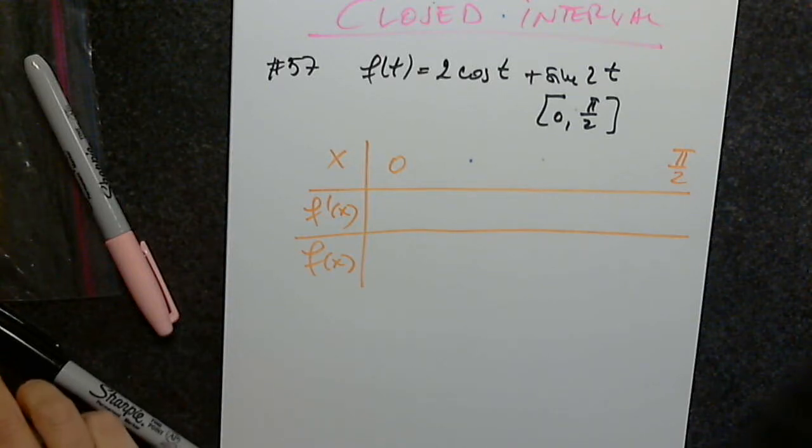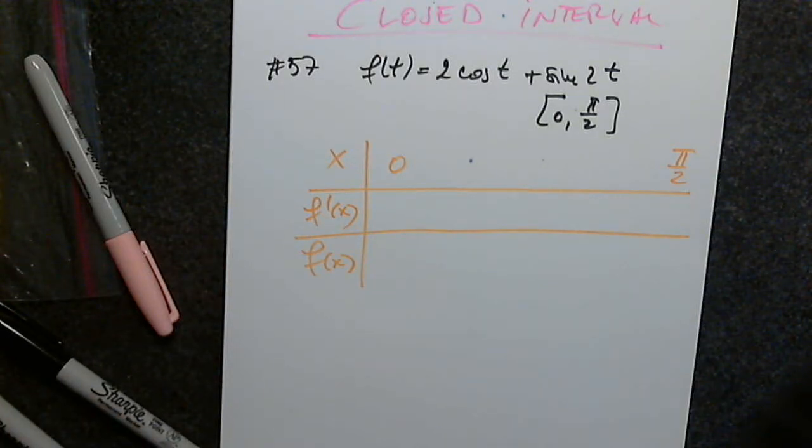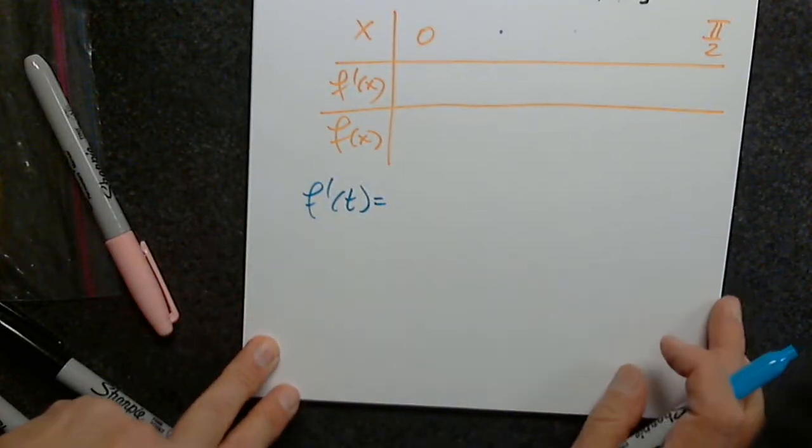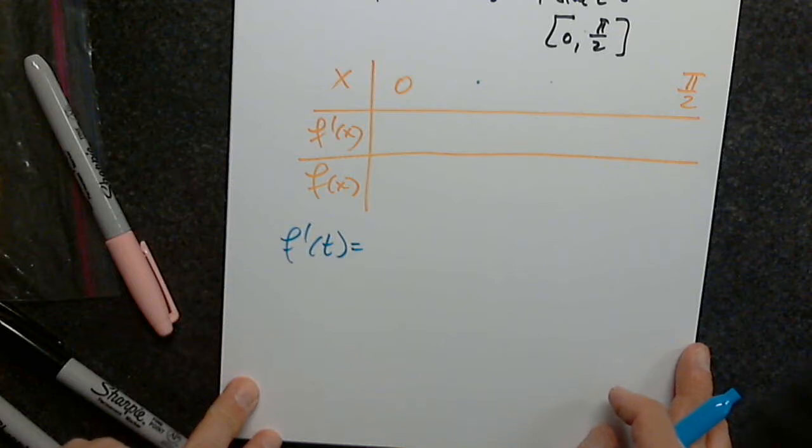The derivative, yes. Since we are dealing with sine and cosine, do you think the first derivative will ever be undefined? Correct. It will never be undefined. So f prime of t is 2 cosine t prime.